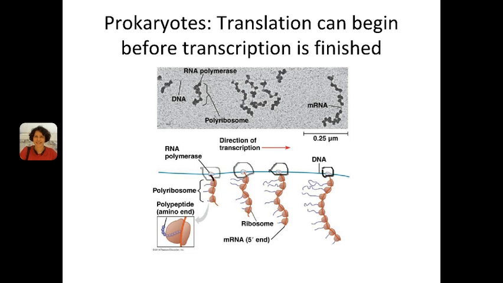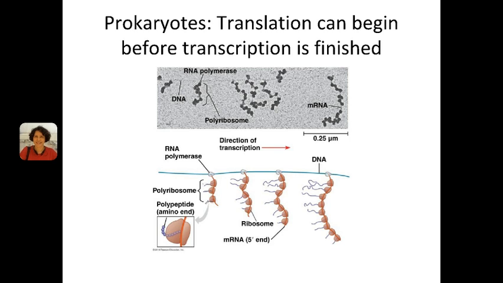As each of them moves along the DNA, they produce an RNA transcript in red. So here is the RNA and the inset in red. But notice that even as the RNA is being made, there are ribosomes associating with the RNA, and the RNA is getting translated immediately. So each of these little brown balls is a ribosome, and the protein is coming out of the ribosome. So we have the process of translation occurring while the process of transcription is still taking place.